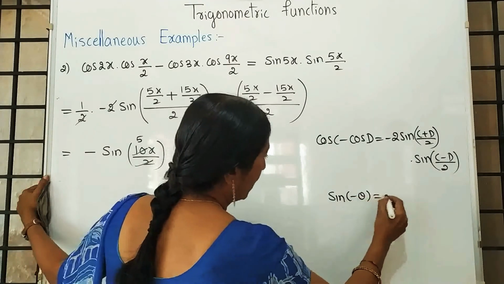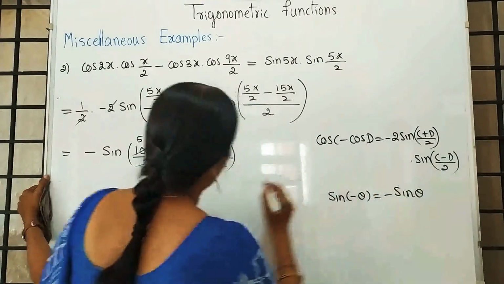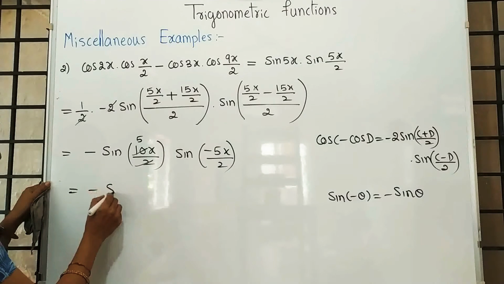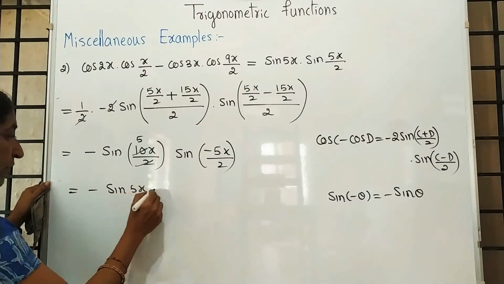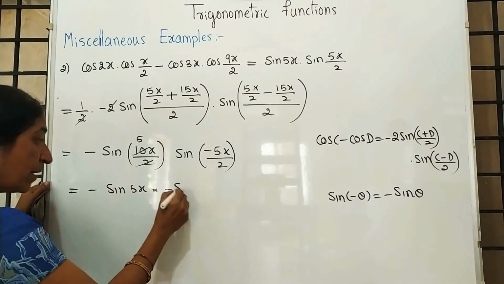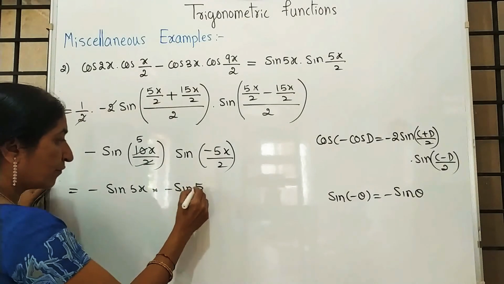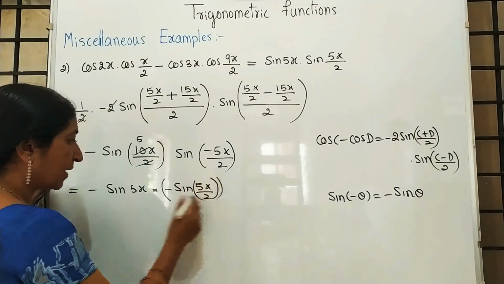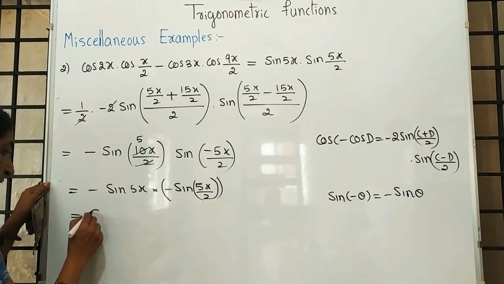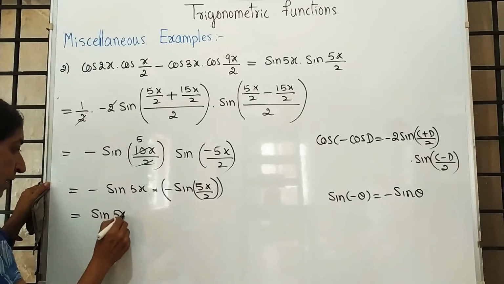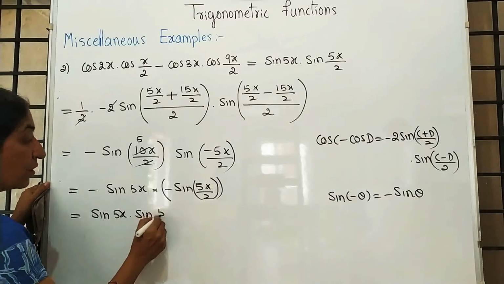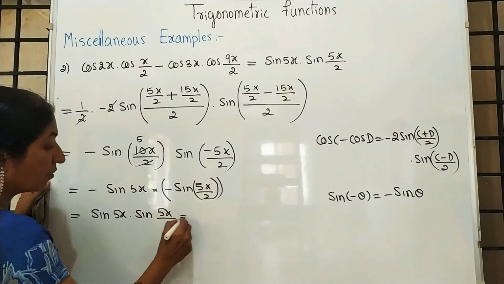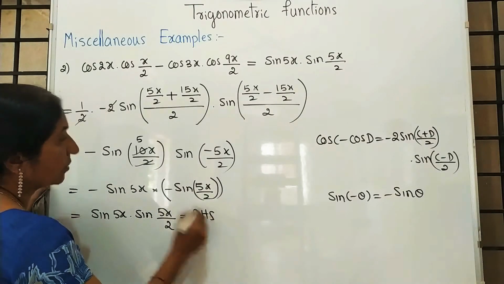Sin of minus theta is minus sin theta. So it is minus sin 5x into minus sin 5x/2. This minus into minus becomes plus. It is sin 5x into sin 5x/2, that is nothing but RHS.